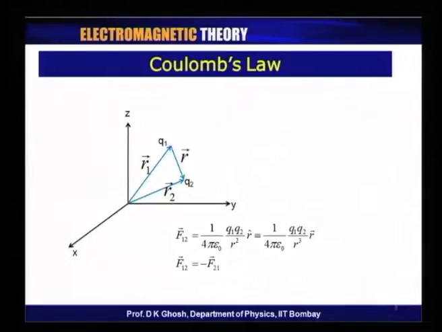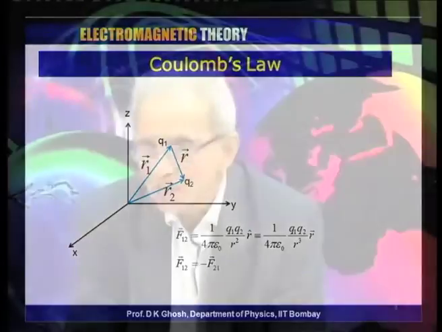There is, of course, a multiplicative constant, which in SI units is usually written as 1 over 4 pi epsilon 0, where epsilon 0 is known as the permittivity of free space. I am assuming that these charges are interacting in vacuum, that is, with no medium there. What happens when there is a medium in which these charges are located is something which we will be talking about much later in these lectures.